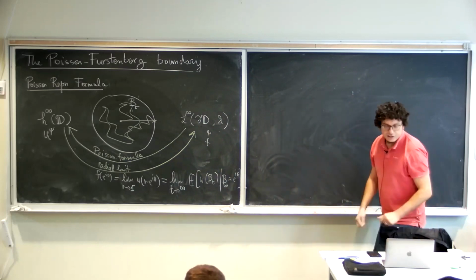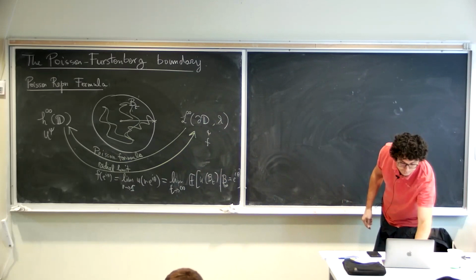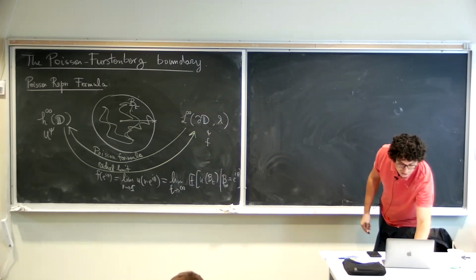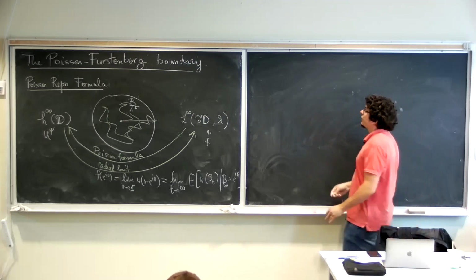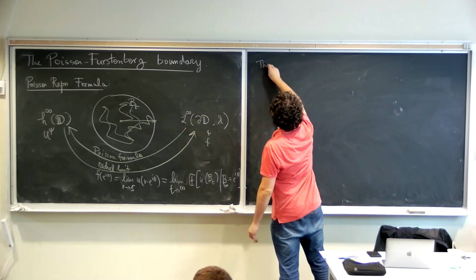The Poisson representation formula is the following.